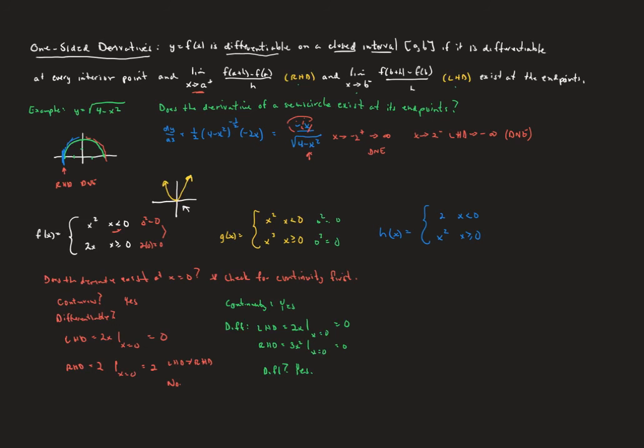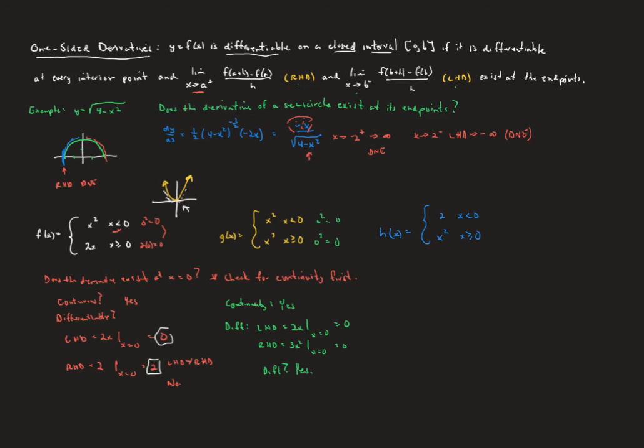So you can see they do come together and meet. But you can see that as you come in from the left, the derivative is going to approach 0, but on the right it's always 2. And so that creates then a corner point, because the derivative on the left is a finite number, but different than the finite number we get for the derivative on the right. So that's a corner point.